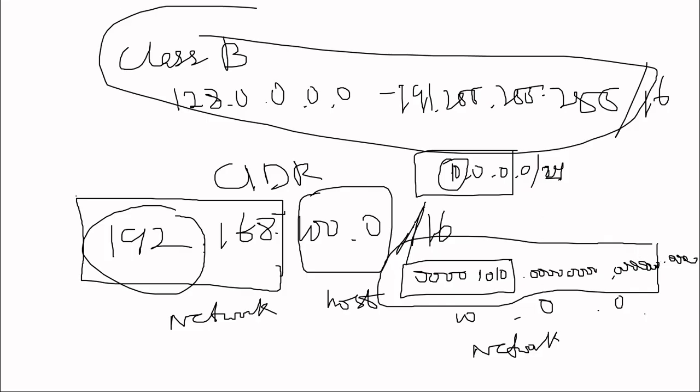So the first 24 bits is set for the network, while the last remaining 8 bits, which makes it 32 bits for an IP address, is set for the host devices. So that is just the difference between classless interdomain routing and classful subnetting.